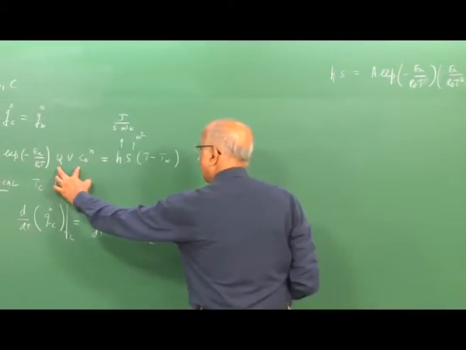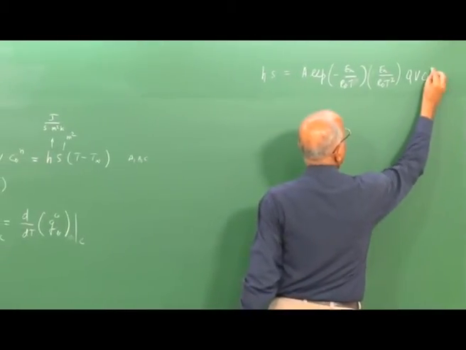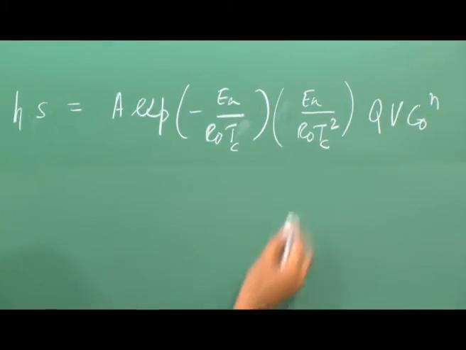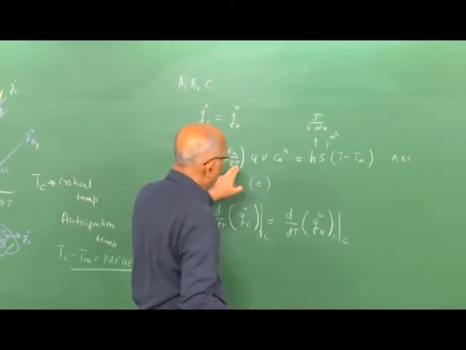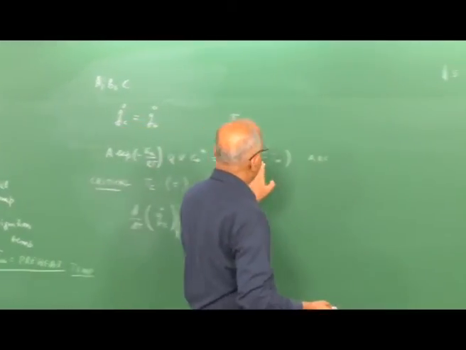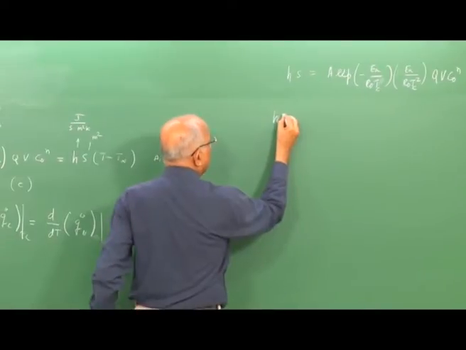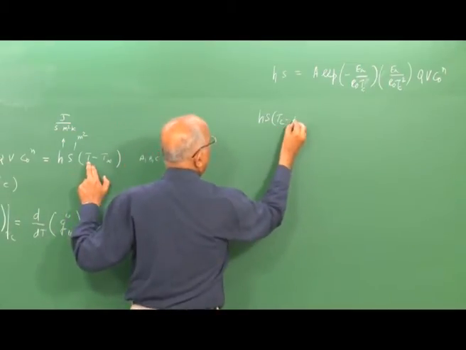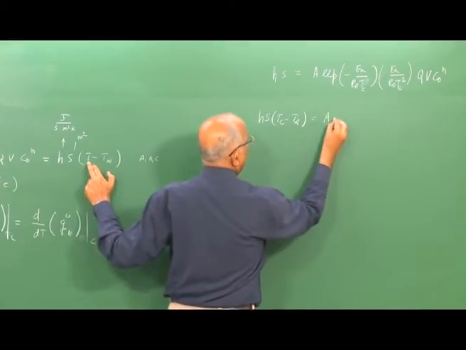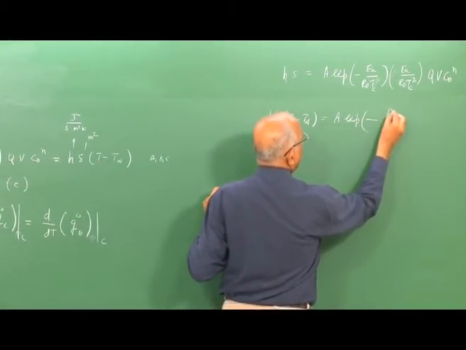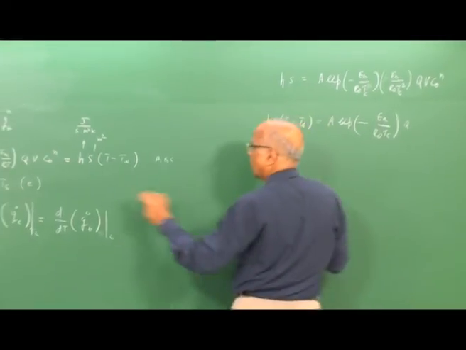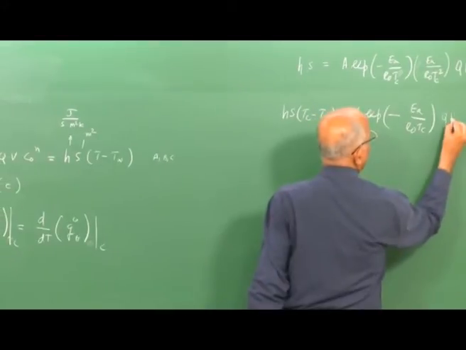And the other terms I get are Q into V into C0 to the power n, at the condition T equal to Tc, at point C. So writing the equation with the heat transfer term equal to the heat generation term: hS into (Tc minus T ambient) is equal to A into exponential of minus EA by R0 Tc into QV C0 to the power n.